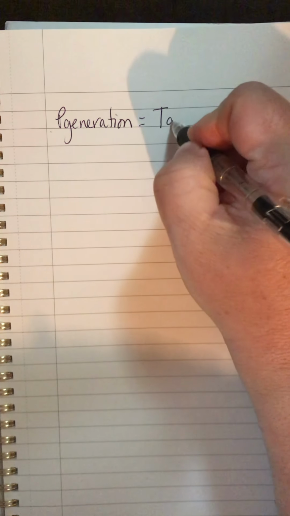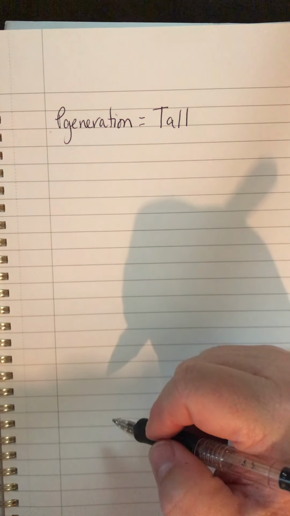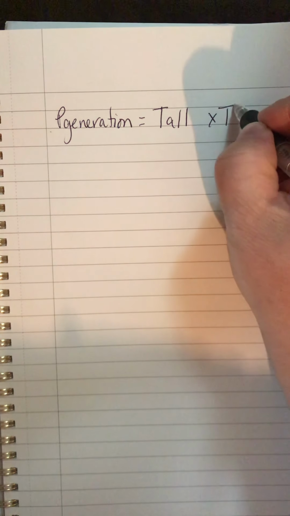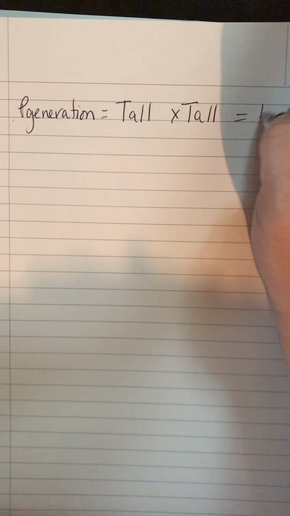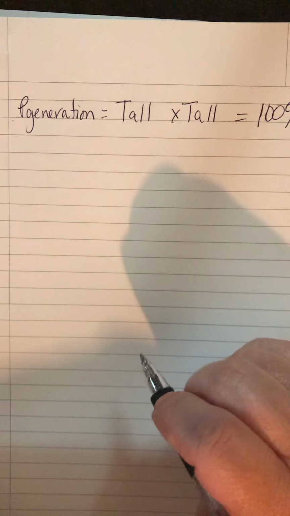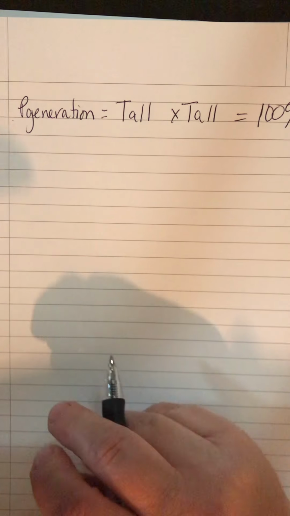Of tall parent and another tall parent. And what do you think all the offspring were? Bingo, they were tall. 100%, because now we're going to talk about probability and percentages. 100% of the offspring were tall.